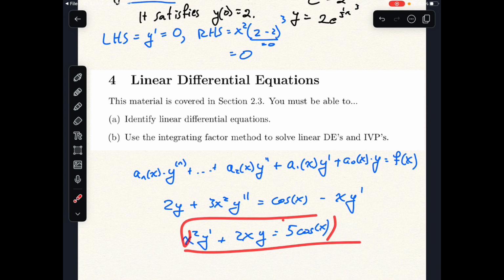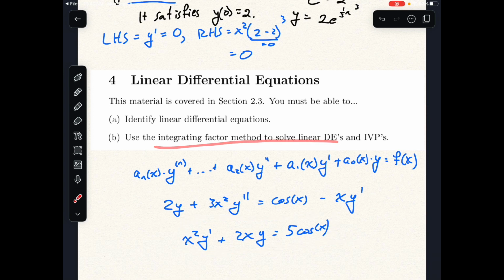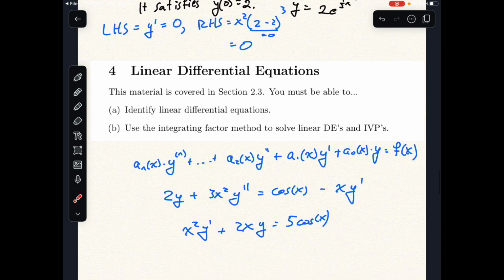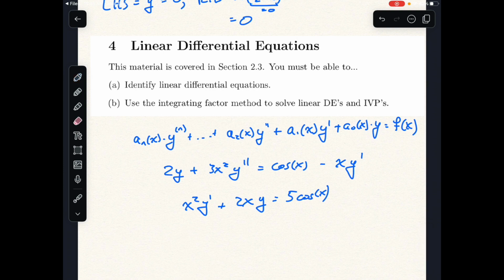And whenever you have first order linear, you can use the integrating factor method to solve this differential equation. Let me make this a little bit more complicated. Let me just get rid of this x squared term right here, or maybe I'll make it an x and make that an x squared. Okay, something like this.